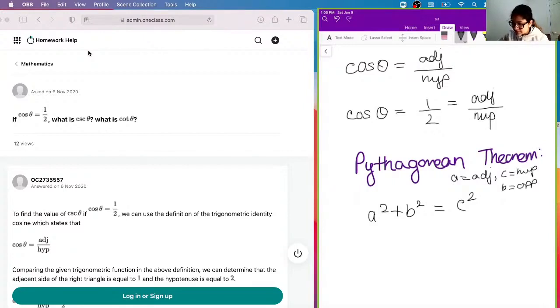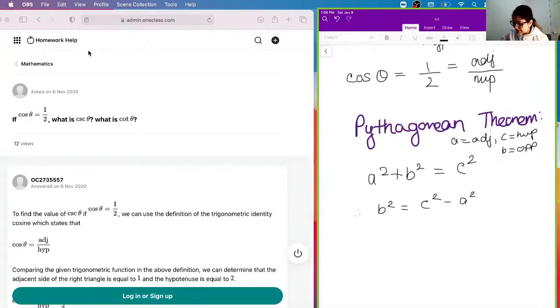To find the opposite side, we rearrange the equation, solving for b squared. We move a squared to the other side, so b squared is equal to c squared minus a squared. Substituting the values from cos theta equals 1 over 2, c is 2 and a is 1.